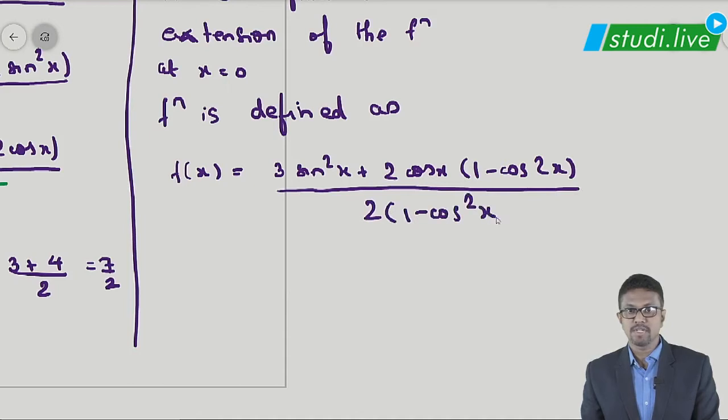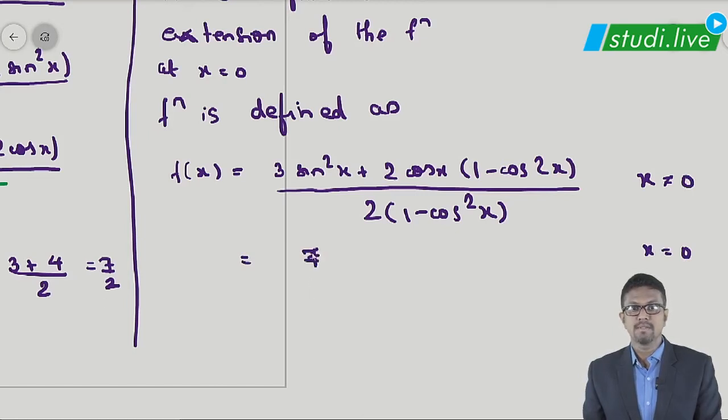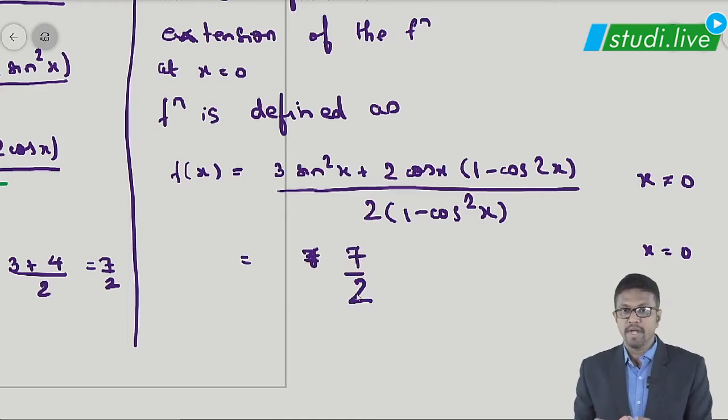So this is how the function was when x is not equal to 0, and for the function to be continuous at x equal to 0, its value should be taken as the value that we had obtained right now, that is 7 by 2. So this is how the function should be defined so that it becomes a continuous function.